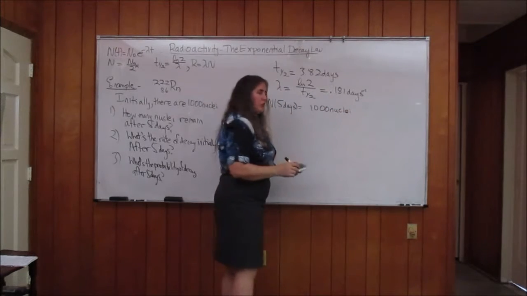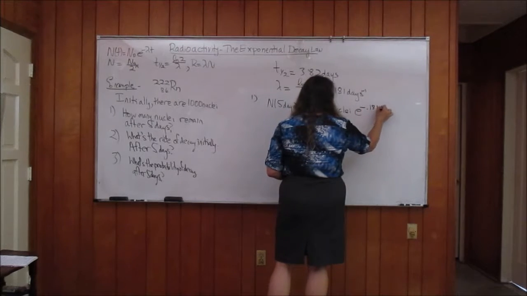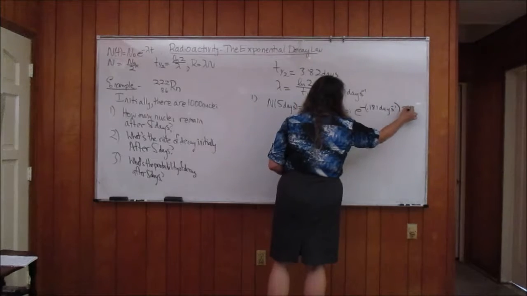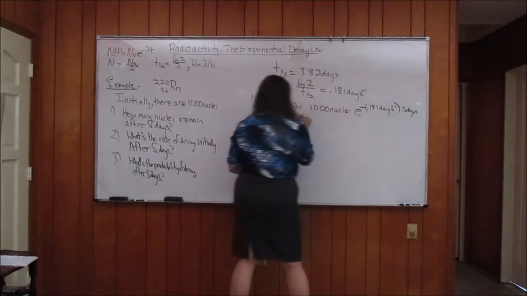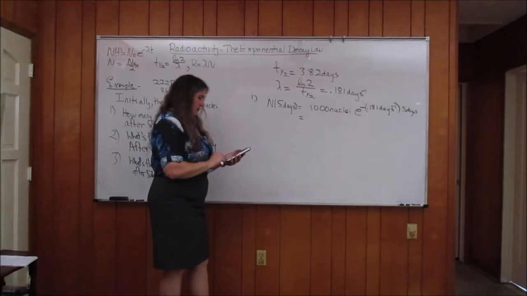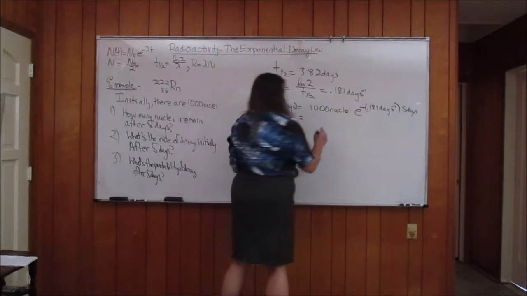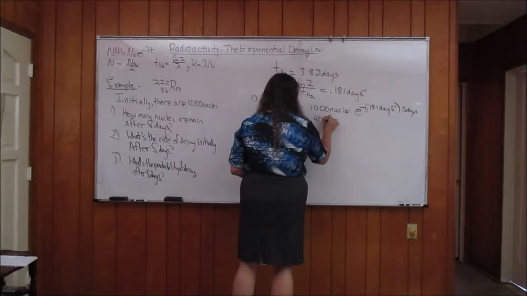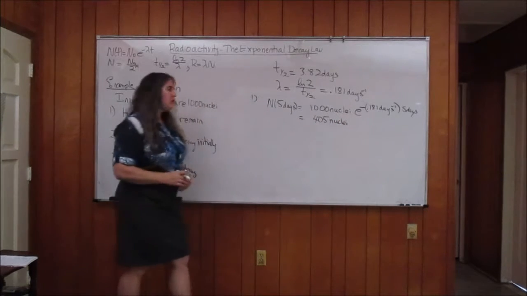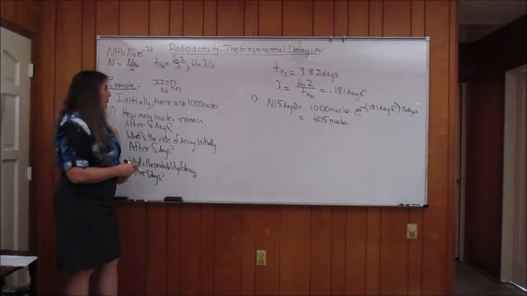So that's 1,000 nuclei times e to the minus 0.181 inverse days times 5 days. So you'd expect 405 nuclei of radon 222 to be there after 5 days' time.